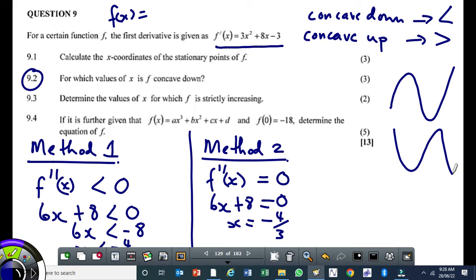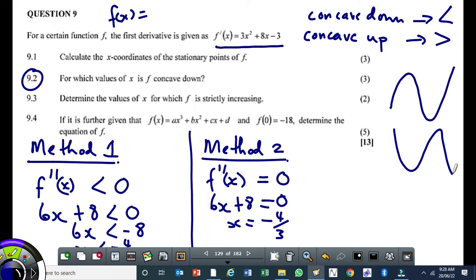Remember, if a is positive for a quadratic function, you have a minimum turning point, right? So for the cubic, it's the opposite. You start with a what? The maximum. So it will be like that. Now, the challenge is to know where x equal to minus 4 over 3 is at that stage.